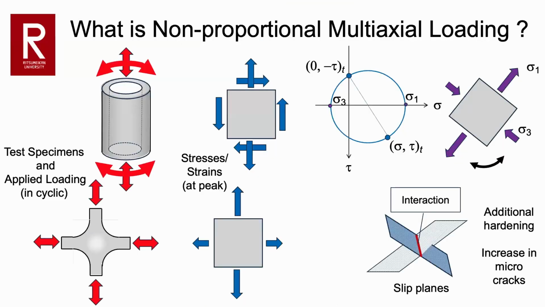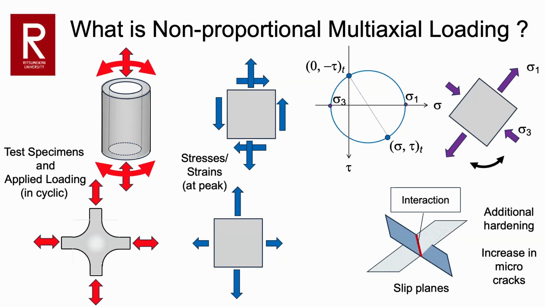I think you already know what non-proportional multi-axial loading is. In multi-axial tests, we usually use two types of specimen. One is the hollow cylinder specimen like this, to apply axial and torsional loading. The other is the cruciform specimen, applying X and Y loading in the X and Y directions.